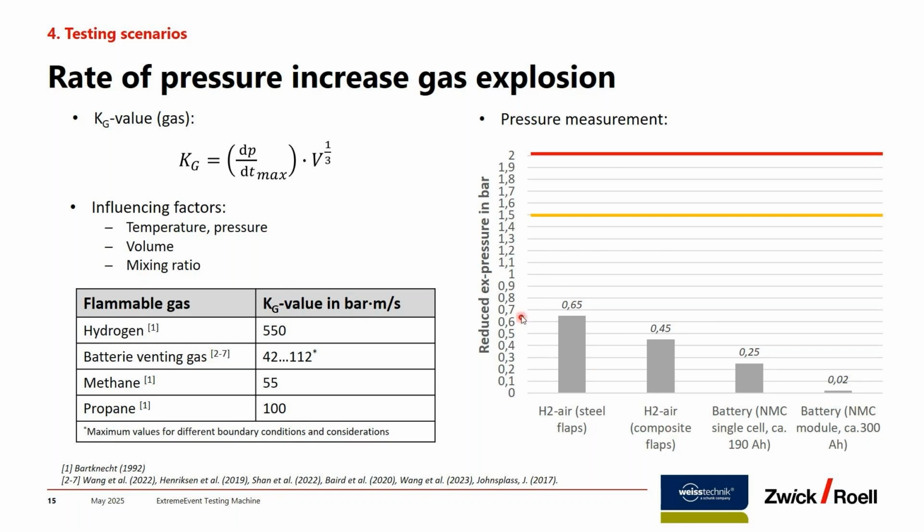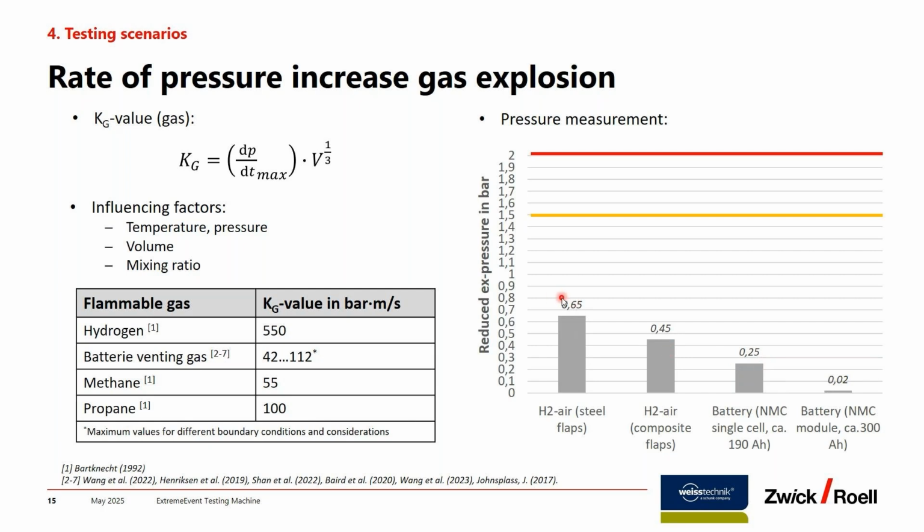And there you see that with this hydrogen and oxygen mixture, they measured 0.65 bar. There the flaps opened, and with the composite it was a little bit earlier. And with the battery, the pressure was less.